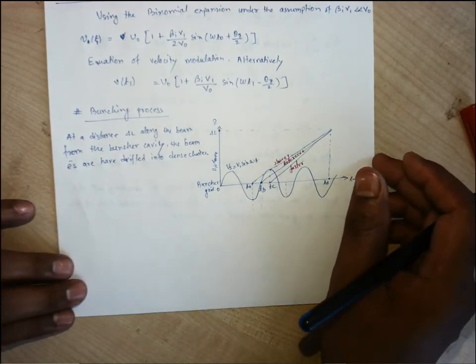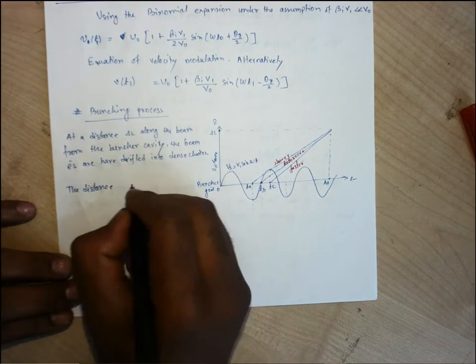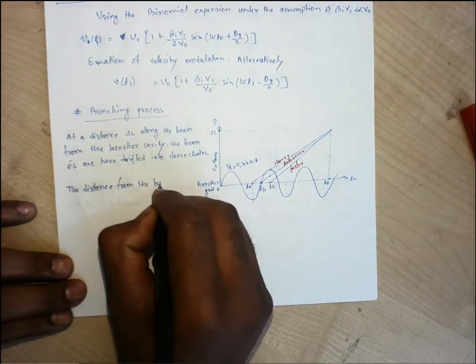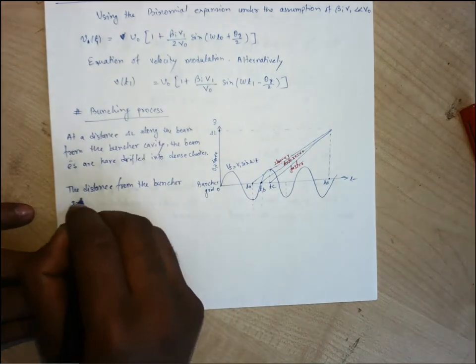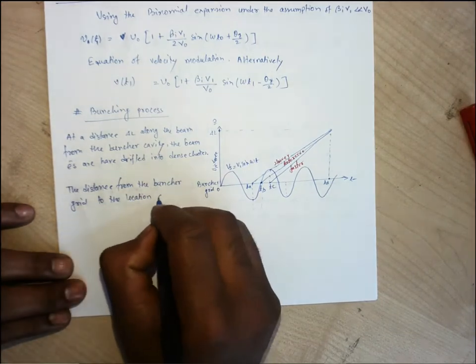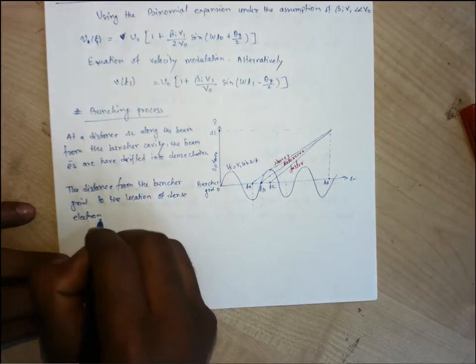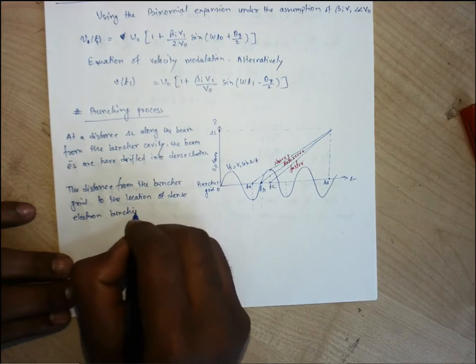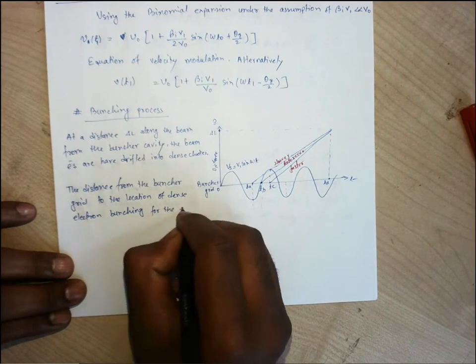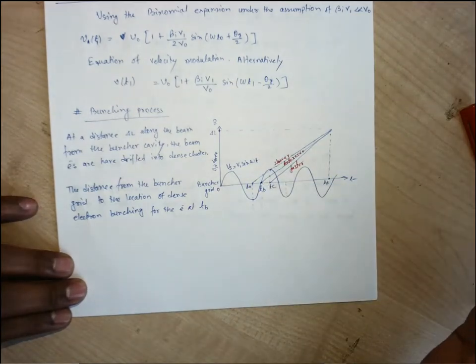Now, the distance from the buncher grid to the location of dense electron bunching for the electron at Tb, around this reference electron location.